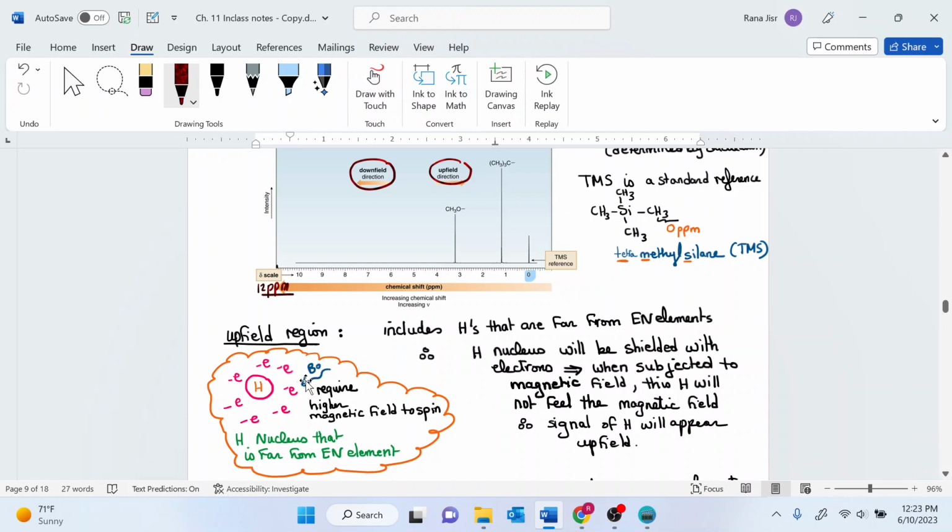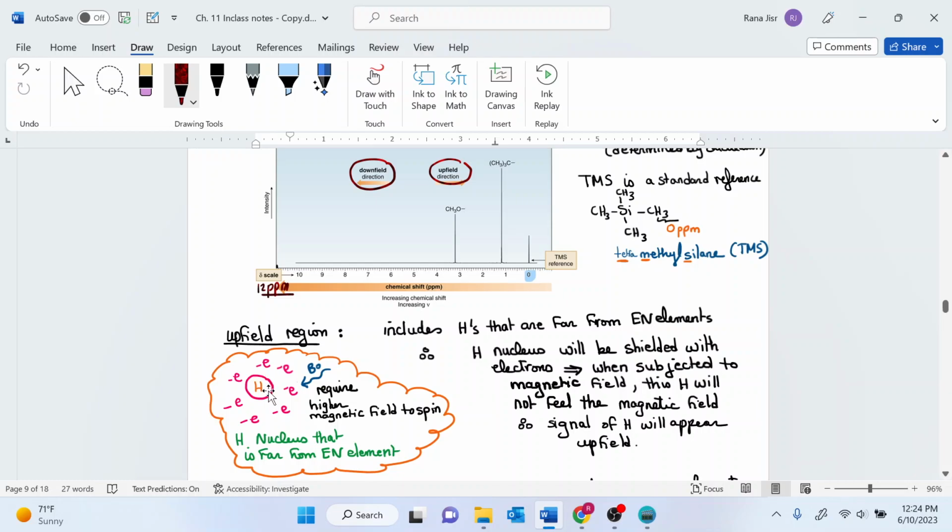So if you apply an external magnetic field and that nucleus is spinning, there is a shield of electrons around it, and these electrons will prevent the magnetic field from reaching that nuclei. So this is why you have to apply a stronger magnetic field in order for that nuclei to feel the magnetic field and the spin.